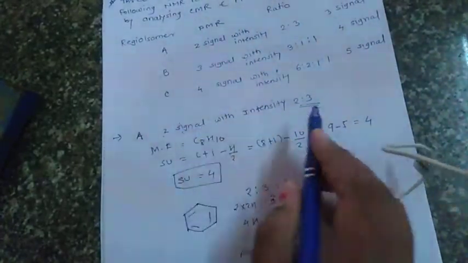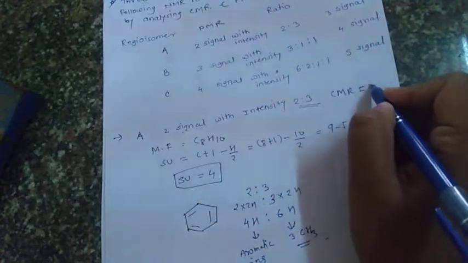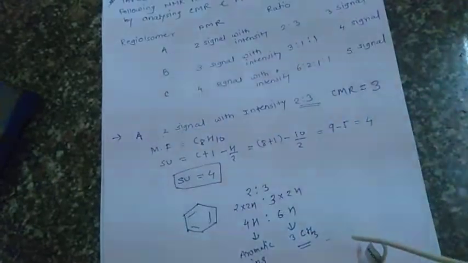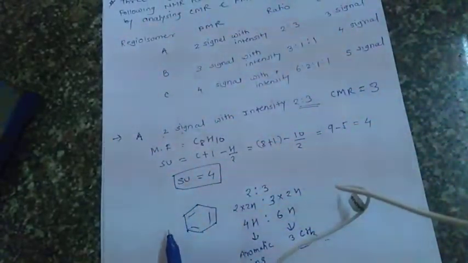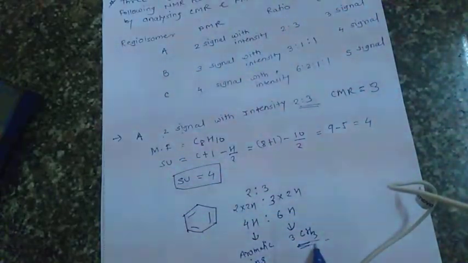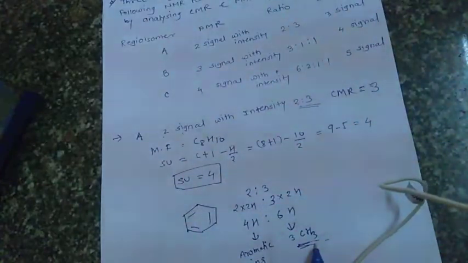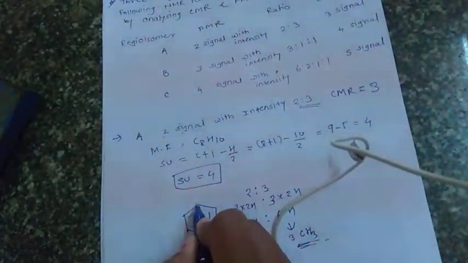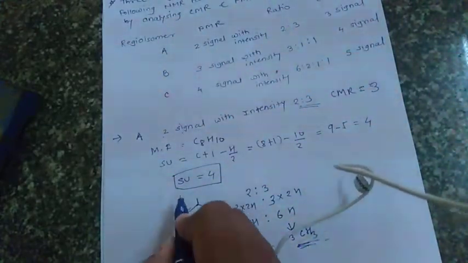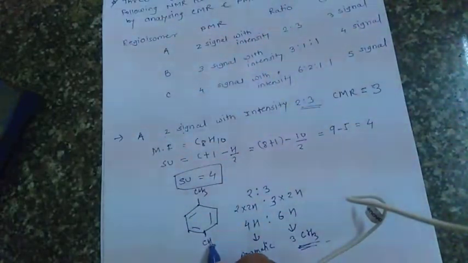Here in H1 they give 2 signals, and in CMR it gives how many signals? 3 signals. That means in this benzene ring there are 2 substituents attached in this manner, and they show only 3 signals of CMR. If we attach them in this position, here there is a CH3 and here there is a CH3.